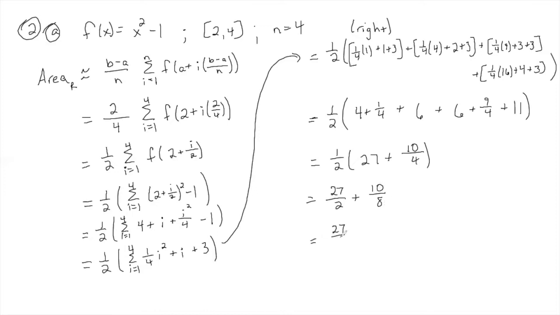So 27 over 2 plus, divide both by 2, I get 5 over 4. Now multiplying this by 2 to get a common denominator, I get 54 over 4 plus 5 over 4. So that is 59 over 4. Great. So there's part A.